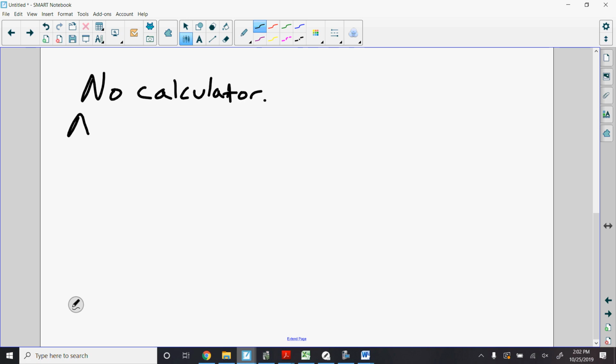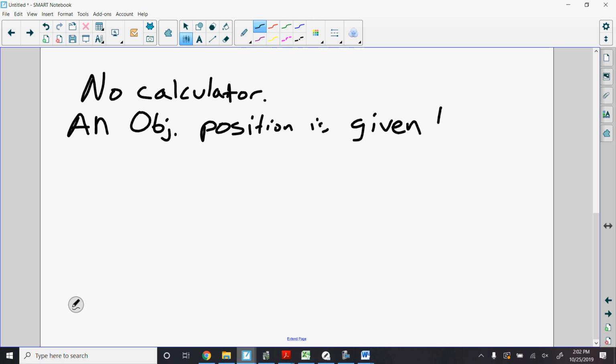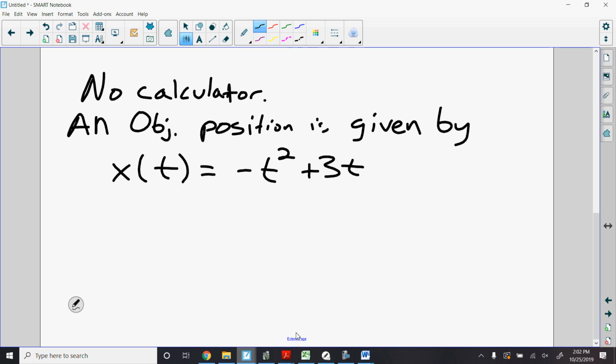Okay, an object's position is given by, or is modeled by, x of t equals negative t squared plus 3t plus 7. So that right there is the position.